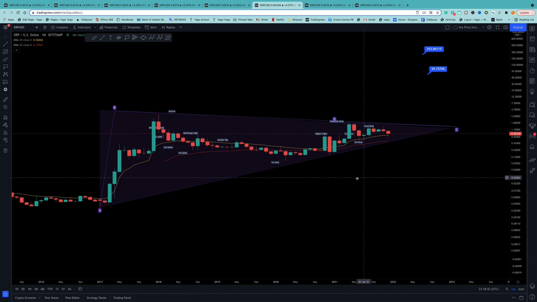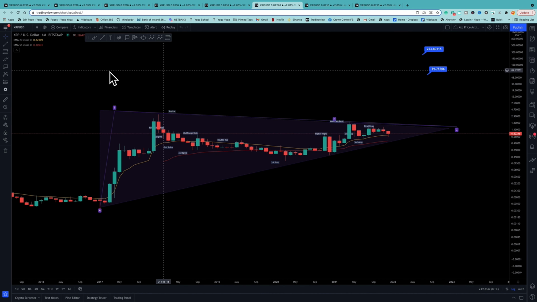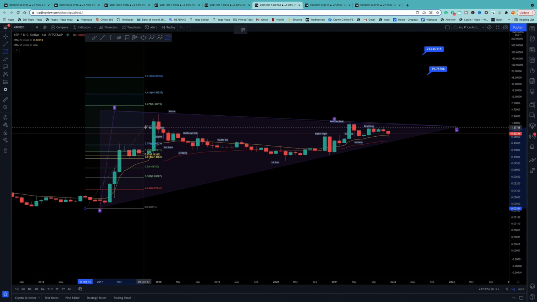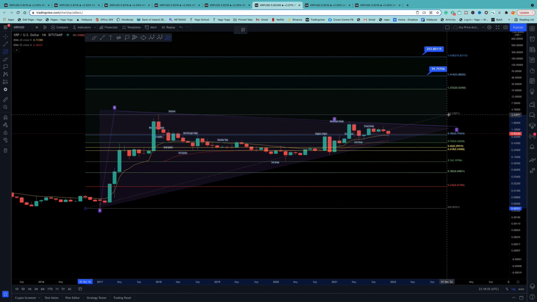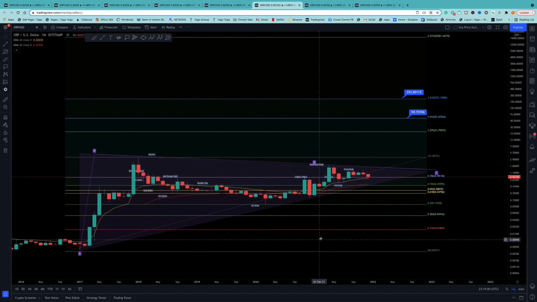And how you measure them is that the impulse wave here gives you an indication of the next impulse wave. So you take the fib here, you put it there, and you look and go, there's the impulse. The normal target is the 618.